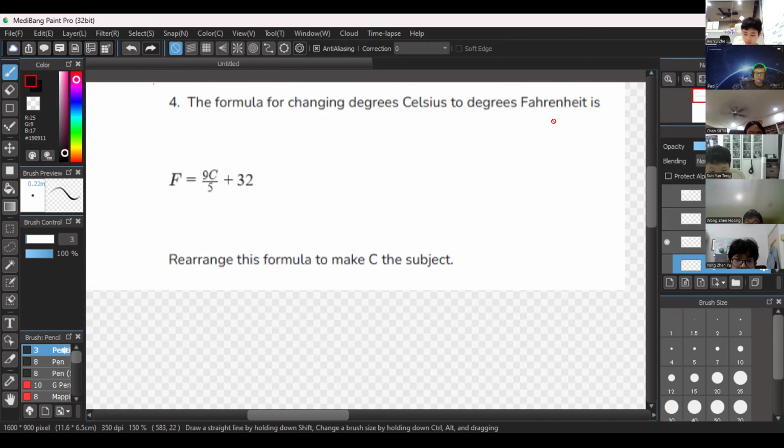Okay, so basically this one, we just need to rearrange the formula to make C the subject. I think 30 seconds should be enough. This one will be quite straightforward.